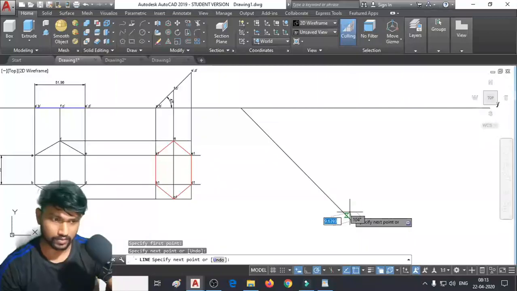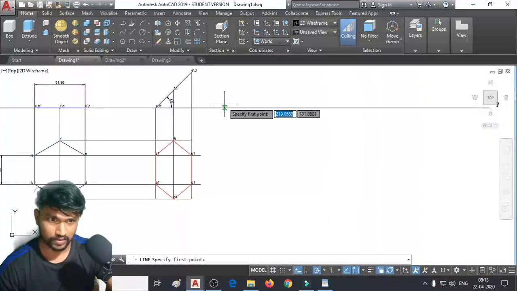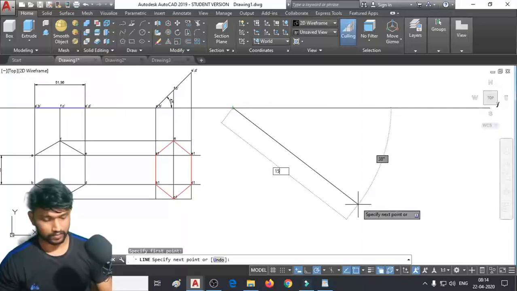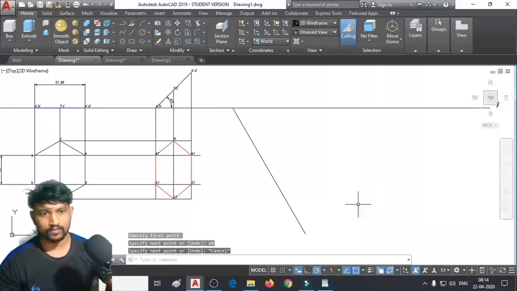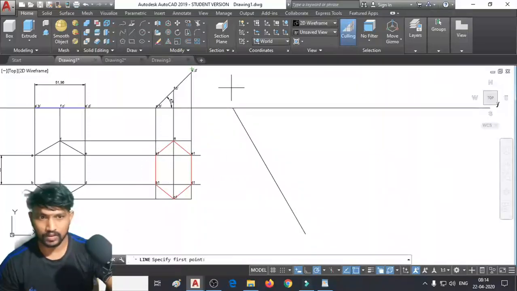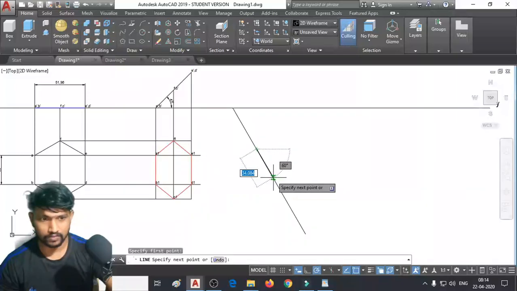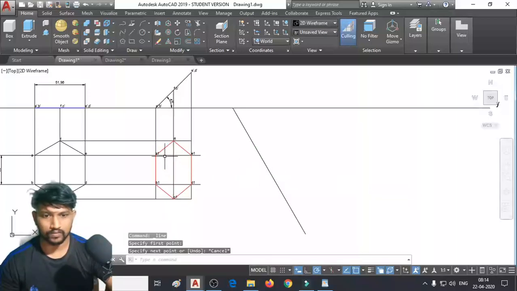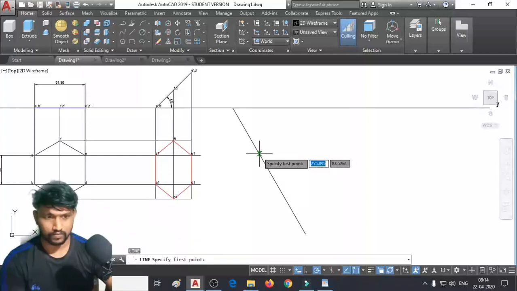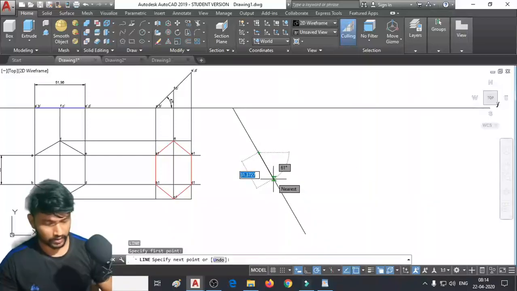edge. Sorry. Actually, I have to draw the line at 60 degrees, say 150. Right now this is 60 degrees, so this one's dimension will remain the same. 30.